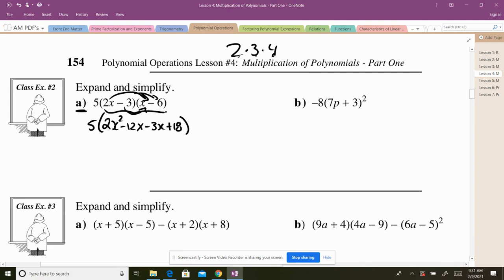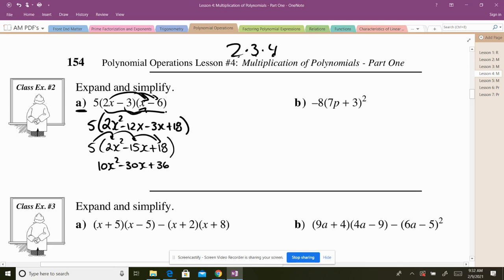But we can simplify the inside first, right? Because we have negative 12x, negative 3x, which combines to give me negative 15x. And now the 5 gets dumped in. So then I get 10x squared minus 30x and plus 30.